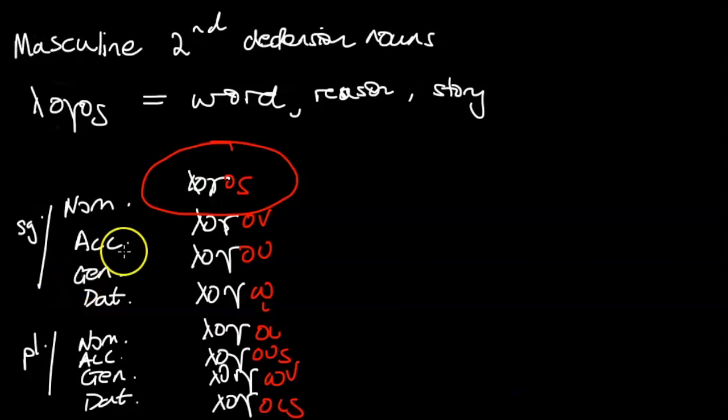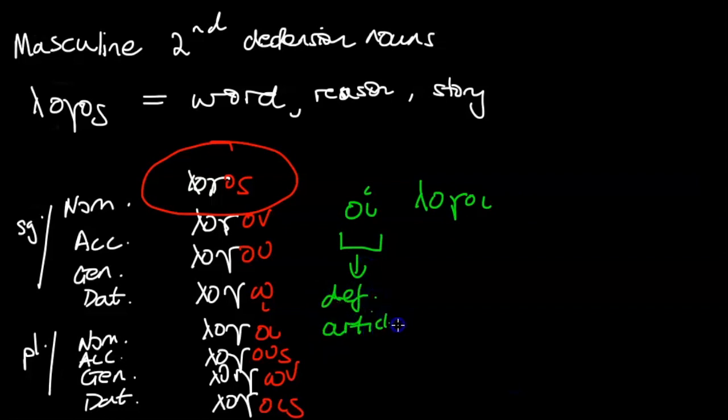And I just wanted to say, now that you know the endings of the noun, we can now combine the definite article and the noun. So if I wanted to say the words, and it's the subject of the sentence, that would just be hoi, that's the definite article, logoi, you see? Hoi being the definite article, and then logoi is the noun.